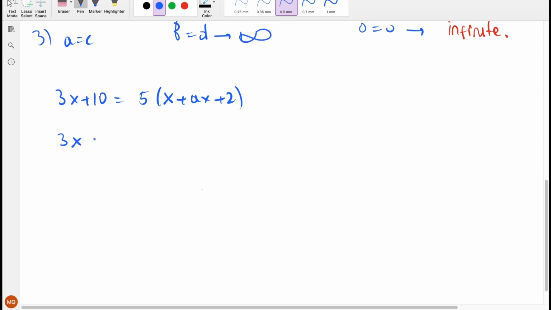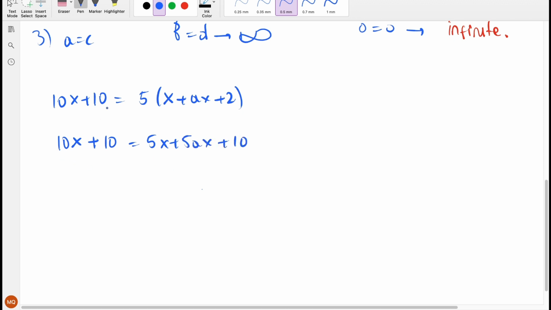First, let's write here 3x plus 10. Let's write 10 instead of 3 times... Okay, the second side is 5x plus 5ax plus 10.